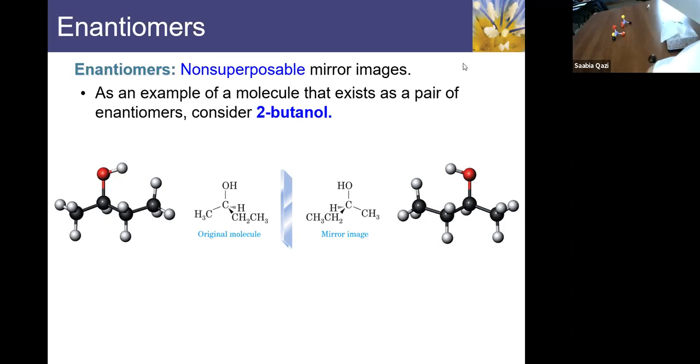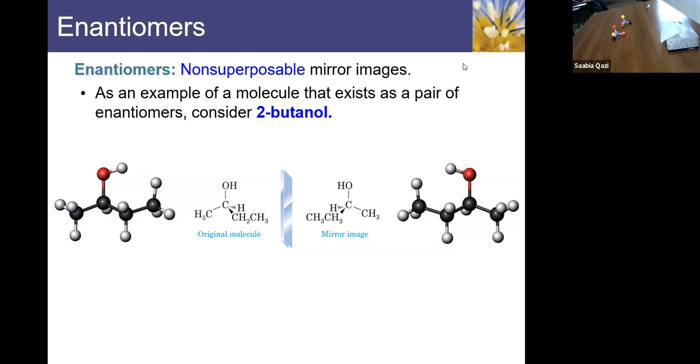For example, say these are my two molecules, with iodine, fluorine, chlorine, bromine. So these two compounds can be stereoisomers. How?